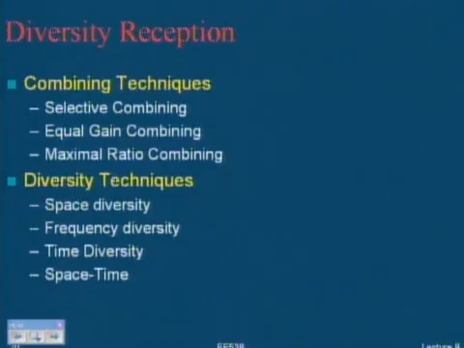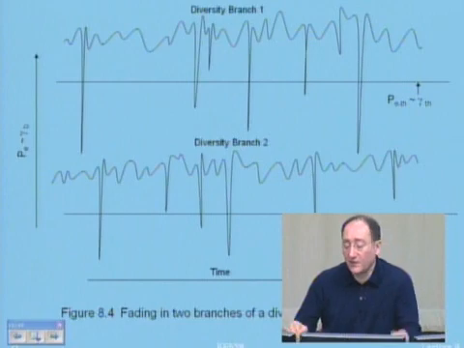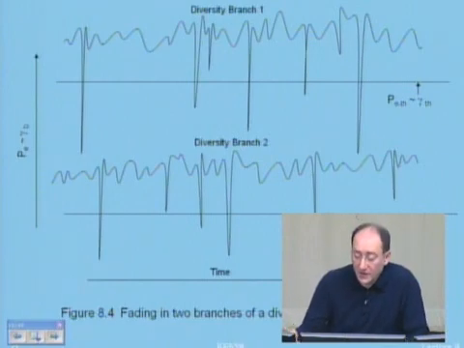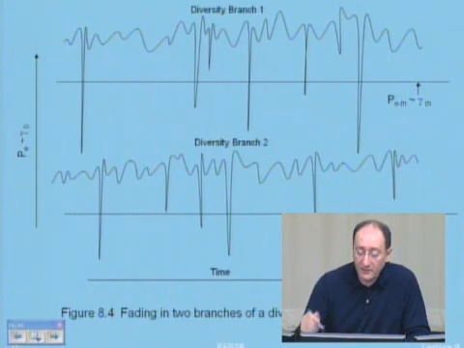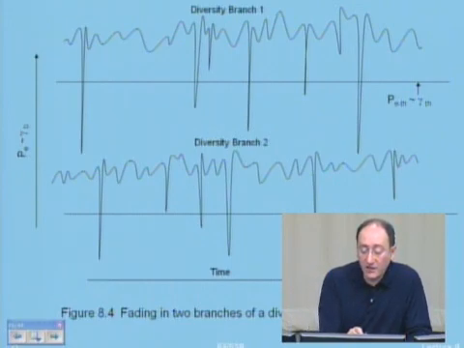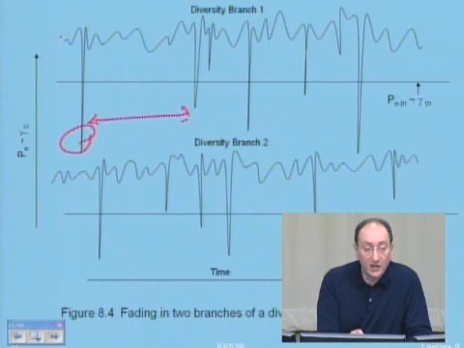Basically, to start this discussion, I come to this figure, which was my favorite in part 1 as well. The problem with fading is that these fades happen regularly, and each time I go into a fade, I'm in trouble because I make a bunch of errors.